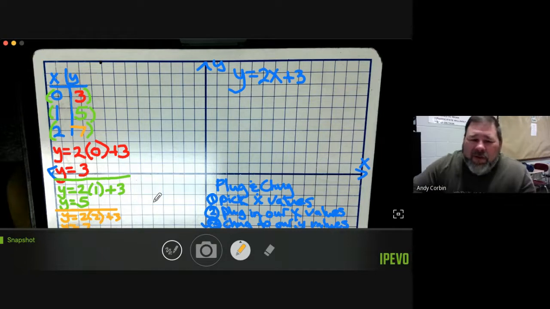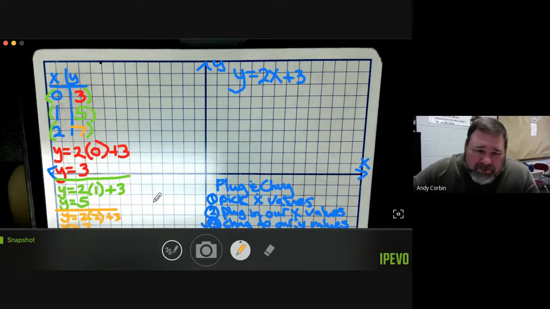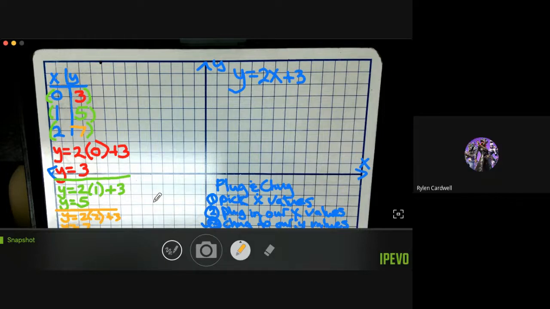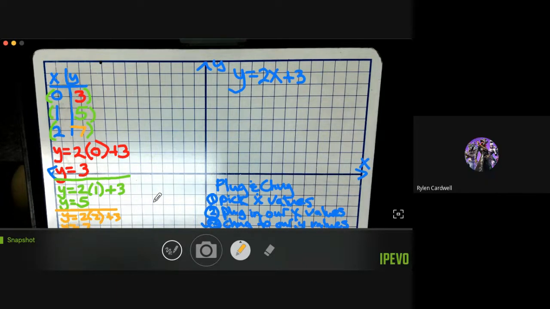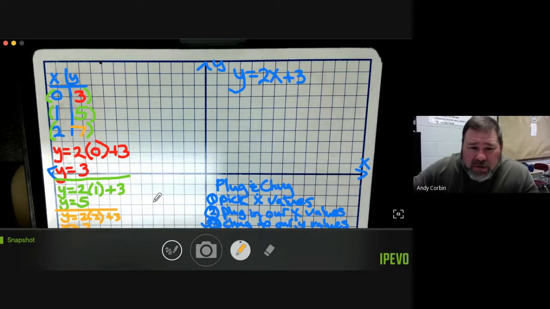All right, now what have I just found? All three of them are linear equation. Oh, okay, good try, Ryland. The y equals 2x plus 3 is the linear equation, but what are the ordered pairs to the equation? Starts with an S. Solutions. You got it, brother. They're solutions, okay?